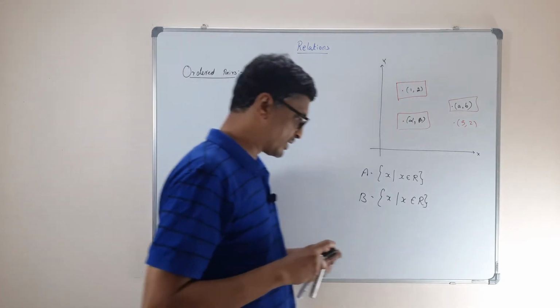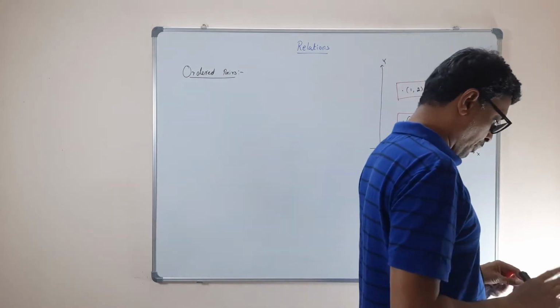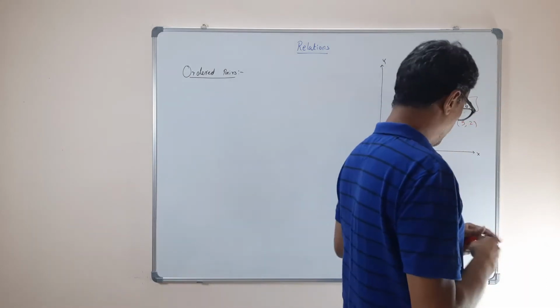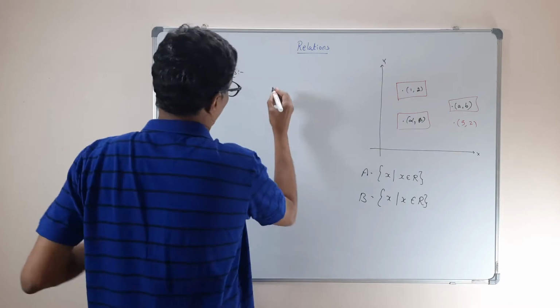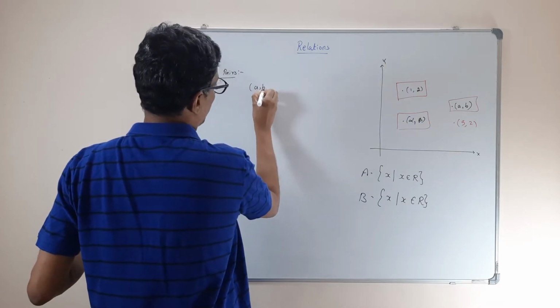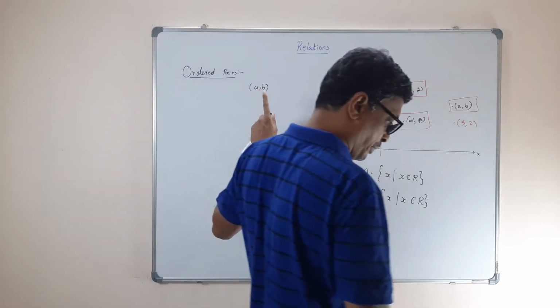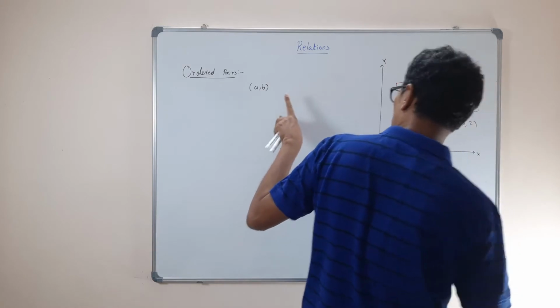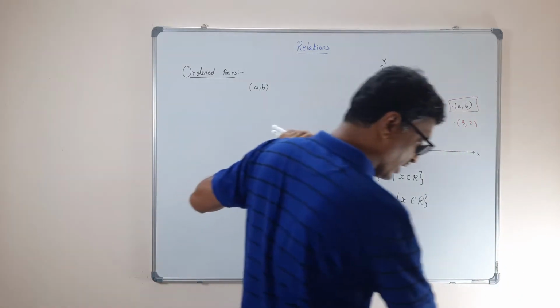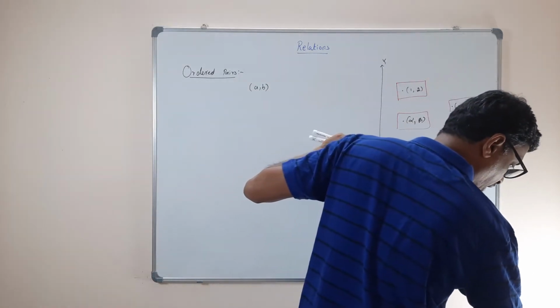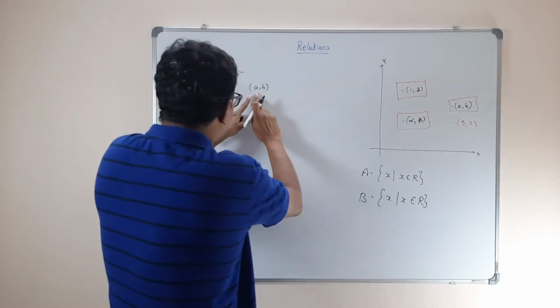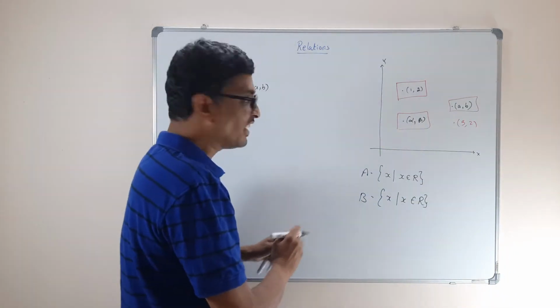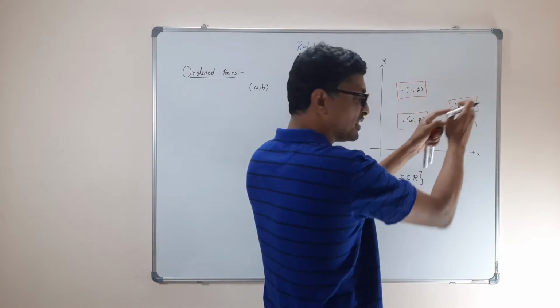The ordered pair is a pair (a, b) of numbers such that the order in which the numbers appear is important.